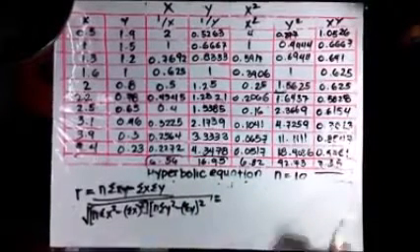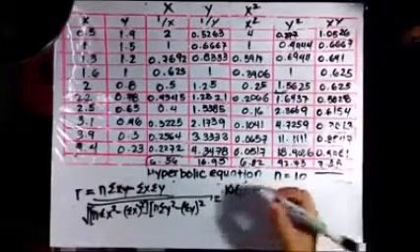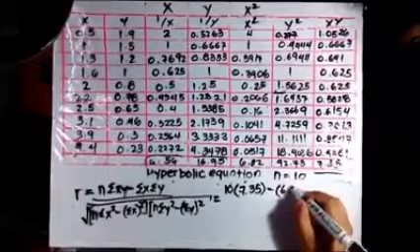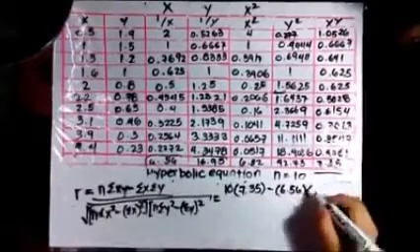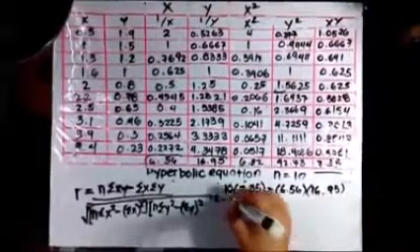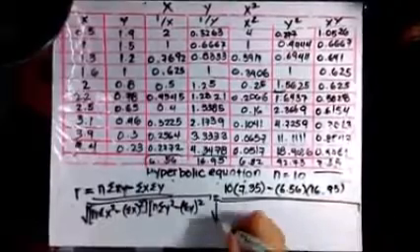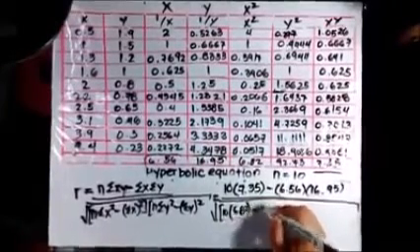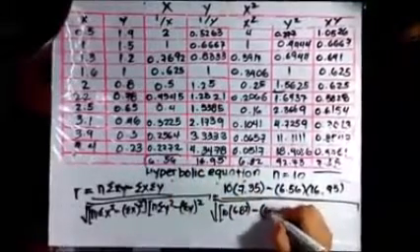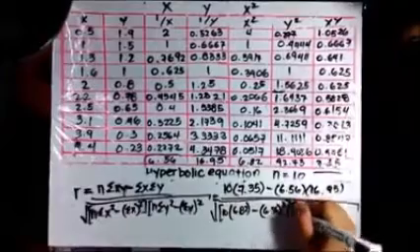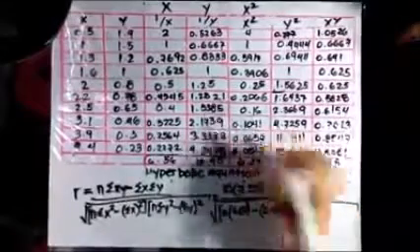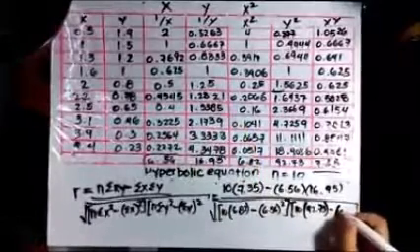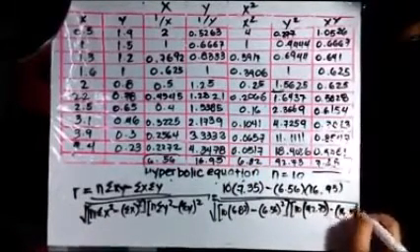Substituting the given values, n is equal to 10, then summation of xy is 7.35 minus summation of x, 6.56, then summation of y, which is 16.95, all over square root of n, 10, then 6.82 minus summation of x then squared, 6.56 squared, times n, 10, then summation of y squared, which is 42.73, then minus summation of y, 16.95, squared.